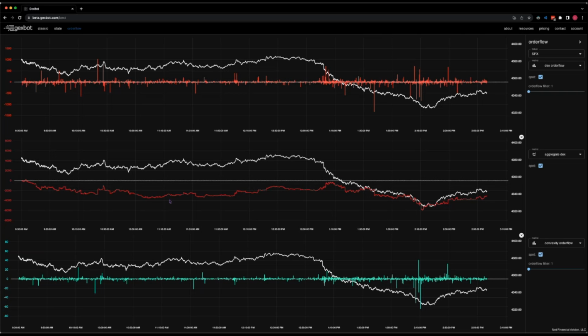One thing to note too is that when we're looking at the cumulative or aggregate DEX over the course of the day, we're looking at the change or the state, right? The cumulative state. You can almost think of it, and this is more clear with net convexity or net GEX, as pressure. There's a measure of pressure of these positions that are occurring, and order flow can also be thought of as a release of that pressure.